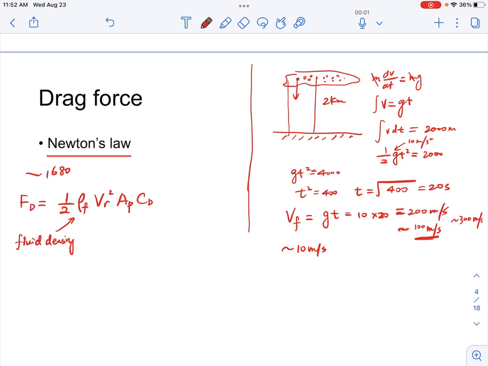V_R is the relative velocity between the particle and fluid. A_P is the cross-section area, and then C_D is what they call the drag coefficient.